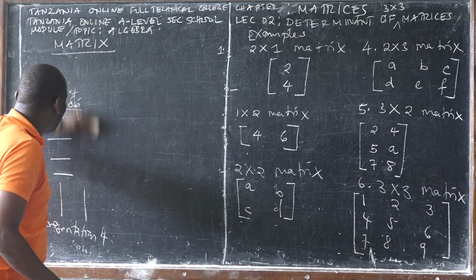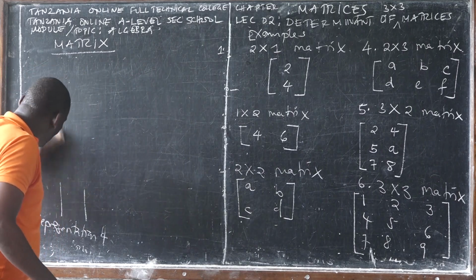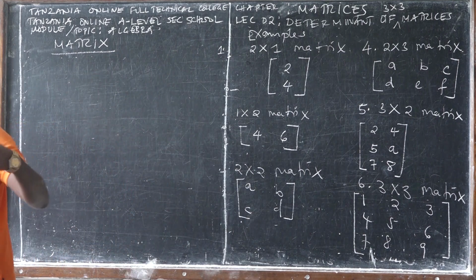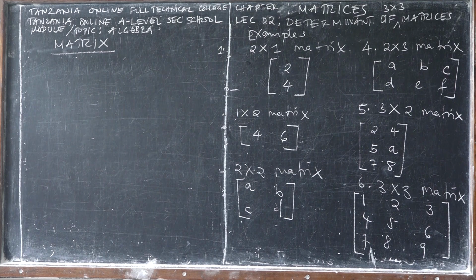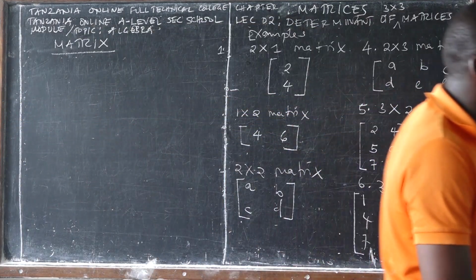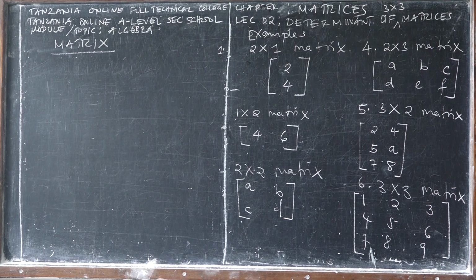Then another point, our main focus right now is 3 by 3, because in O level we learned about 2 by 2 matrices. Do you remember? And we use a 2 by 2 matrix to solve 2 unknown simultaneous equations.